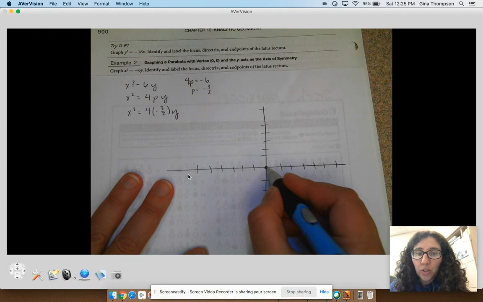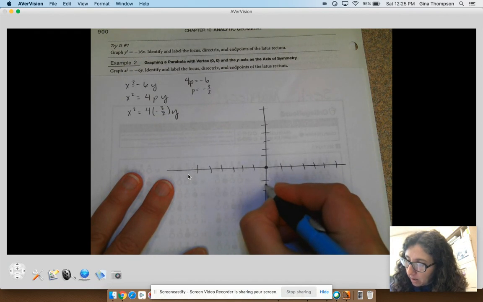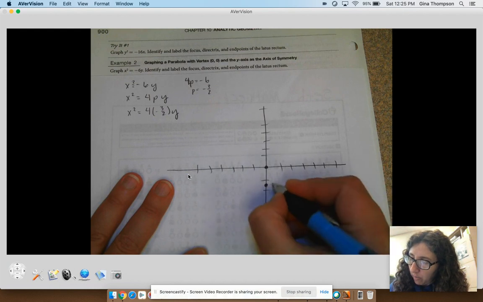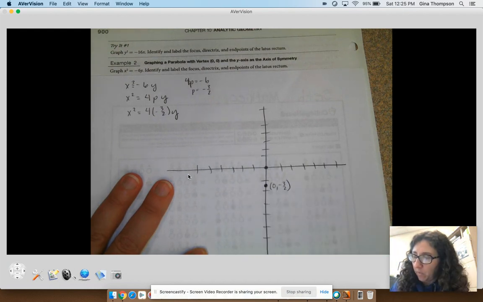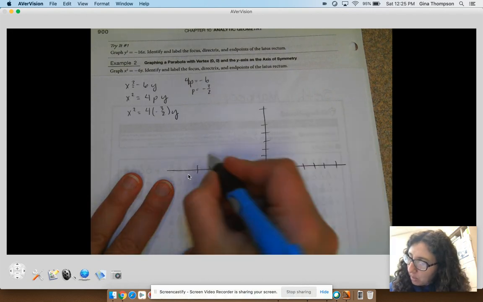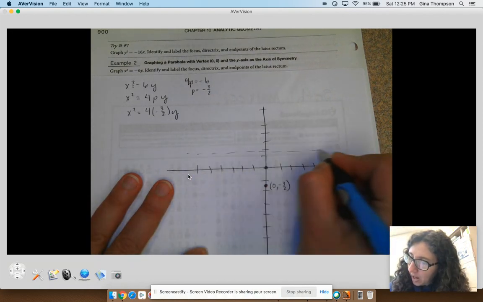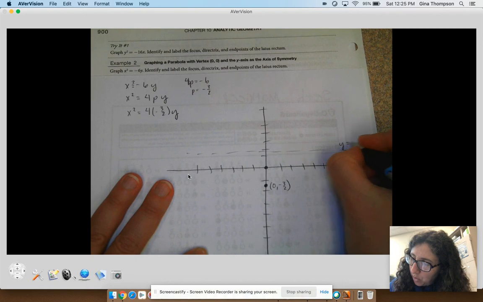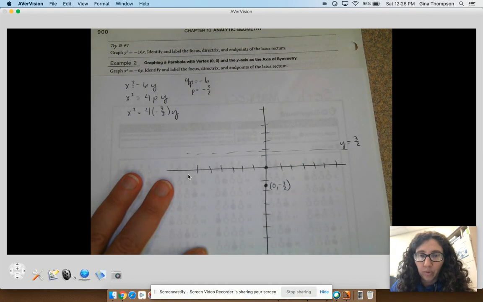So we know it's going to open up or down. We're going to go down 3/2 units. There's our focus, so 0, negative 3/2. Right? And our directrix is going to be in the opposite direction here at y equals 3/2. This is the directrix.